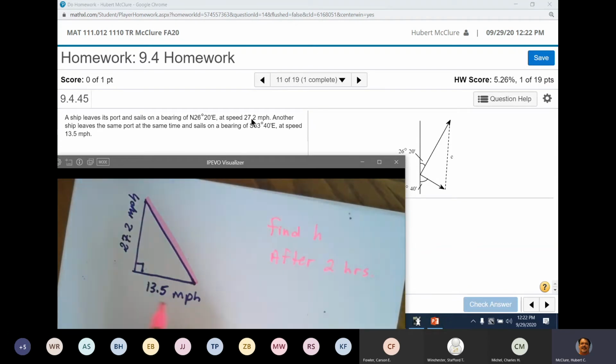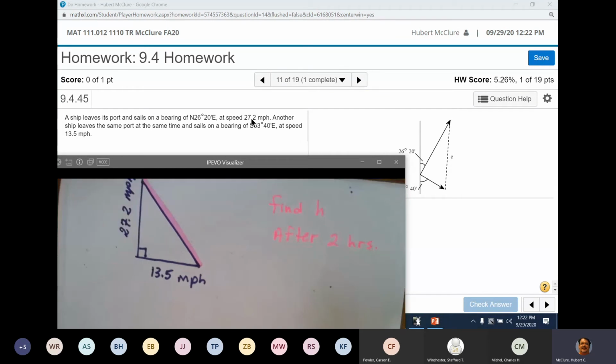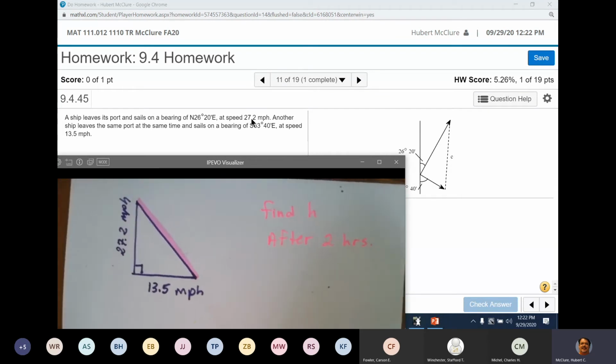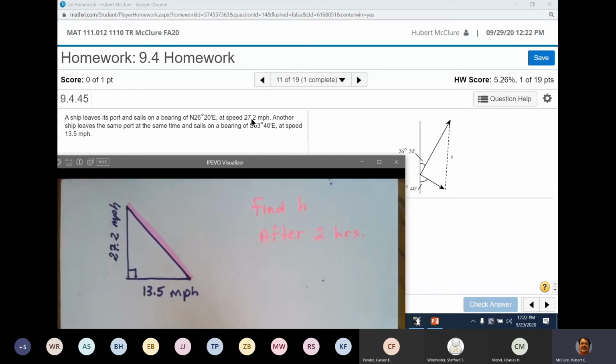If you are traveling at 13.5 miles per hour, how far are you going to travel in 2 hours? Please don't be the blonde. 27 miles. Okay, you're going to multiply both of these by 2, so 13.5 and 27.2.